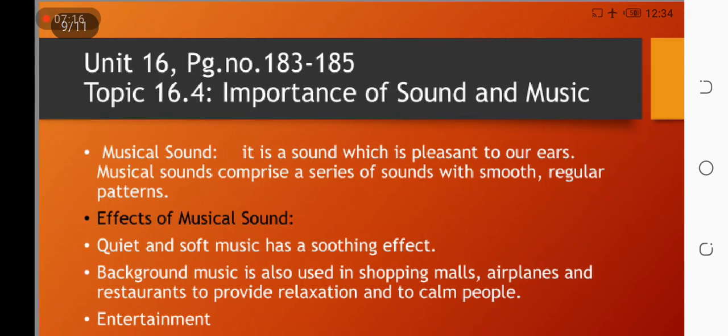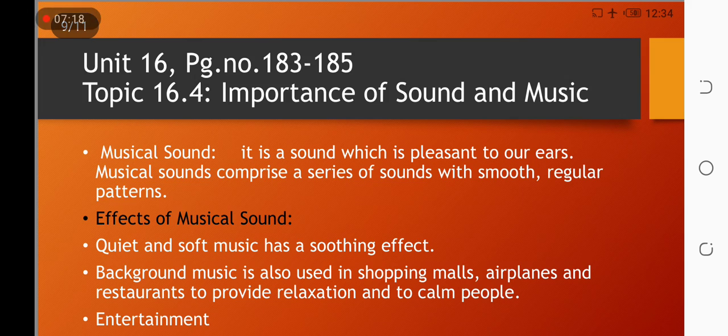Now we will move towards the second topic of today, that is the importance of sound and music. First of all, I would like to tell you what is meant by music. Music is a sound which is pleasant to our ears.